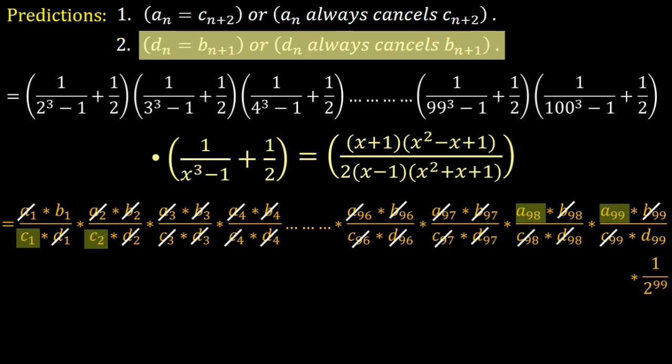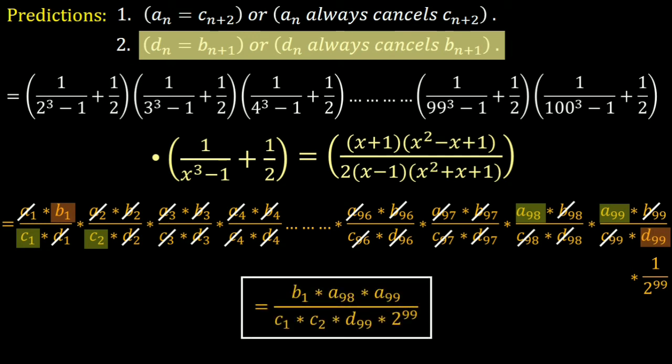But we have one term left, which is d99, because we don't have b100. In the same way, we have b1 left because we don't have b0. Now we write all the leftover terms, so we have this. Now we need to calculate the values of the variables to find our final answer.